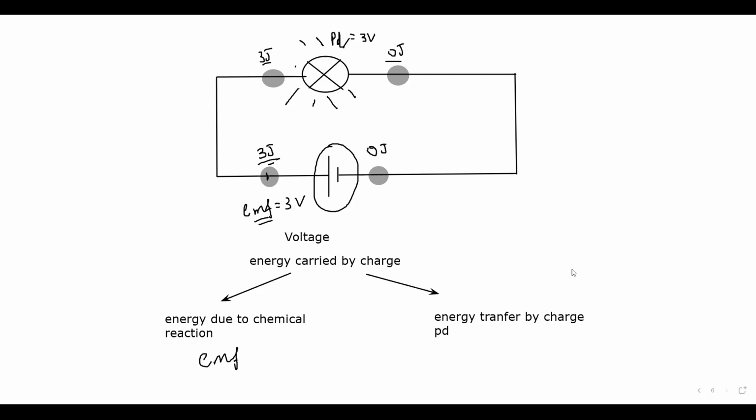Energy transferred, we call that potential difference. Both refer to voltage. EMF is a voltage, potential difference is a voltage, but they differ only in the way the charge gets energy, we call EMF, electromotive force. When the charge transfers energy, we call potential difference.